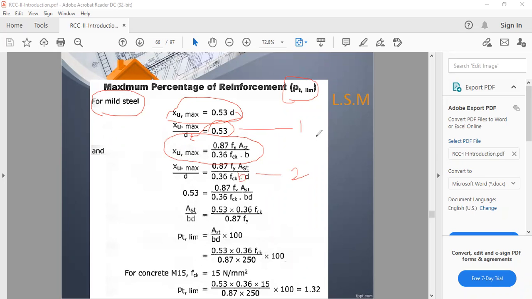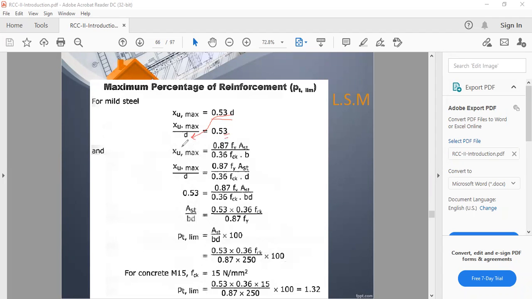If you equate 1 and 2, just mark again: you know that XU max equals 0.53 times D, as you have seen earlier. What is XU max by D? If you take the D this way, you will get 0.53.